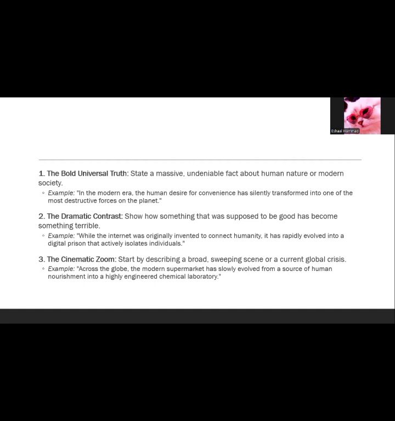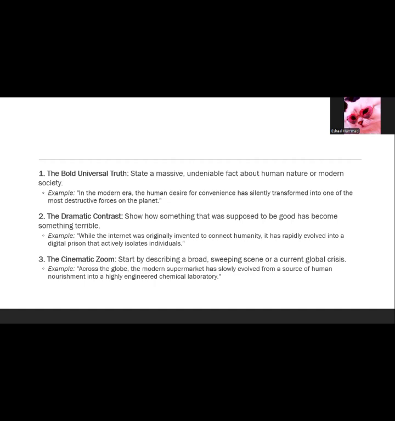Now see, when a reader reads it, he thinks that it's gonna have something interesting because you have used some different words to show a concept. Okay? So it was a bold universal truth.